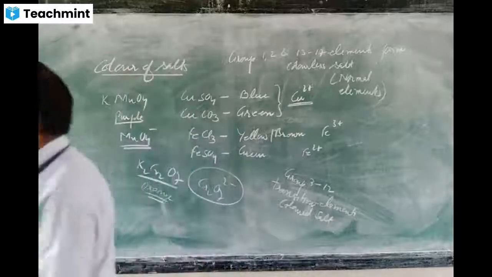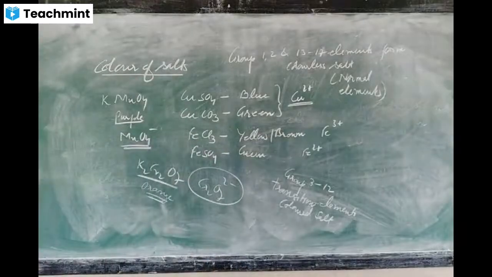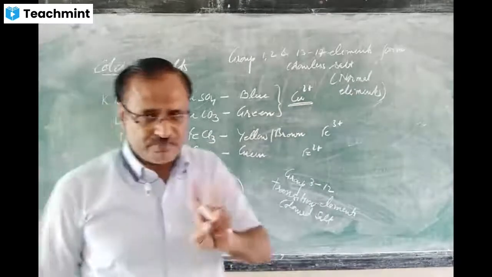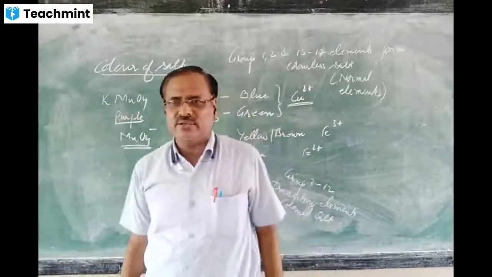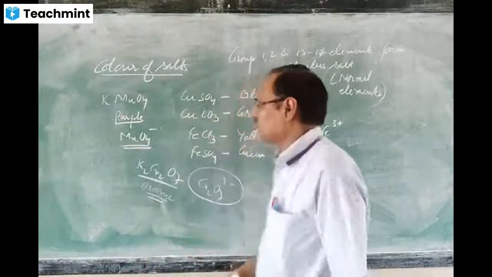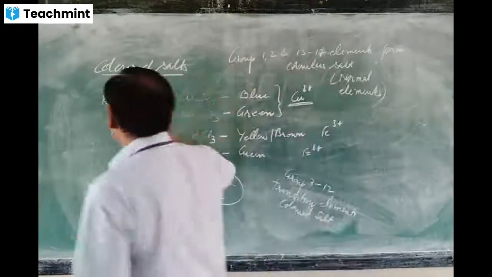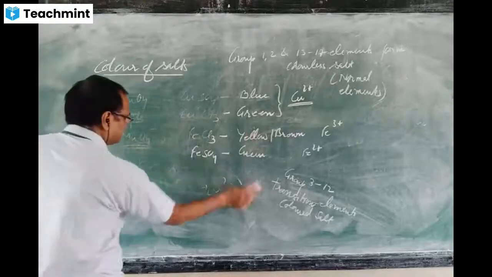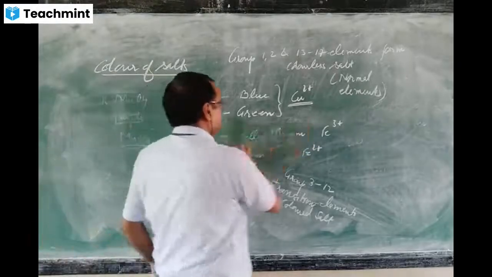Now next topic, action of sodium and ammonium hydroxide on solution of salt. So there are two topics. First of all, sodium hydroxide and then ammonium hydroxide. So first we will take sodium hydroxide. Now, action of sodium hydroxide on aqueous salt solution.